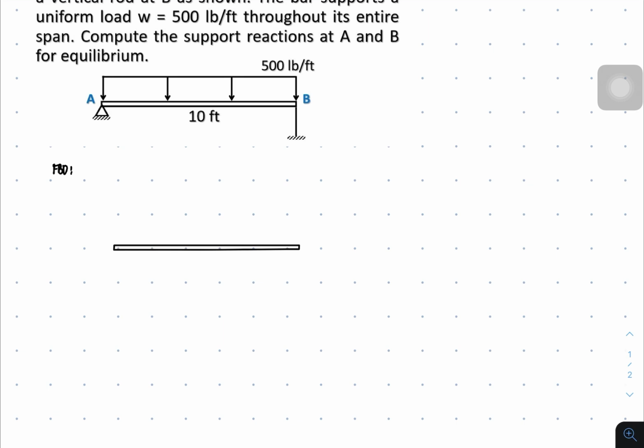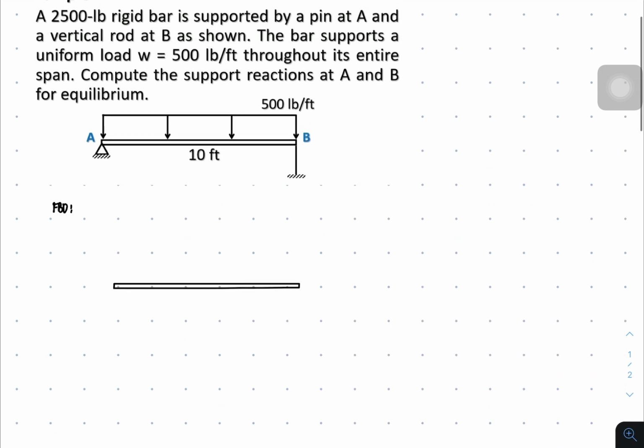Next, we're going to translate. According to the problem, the bar itself has its own weight. The bar has a 2,500 pound weight.